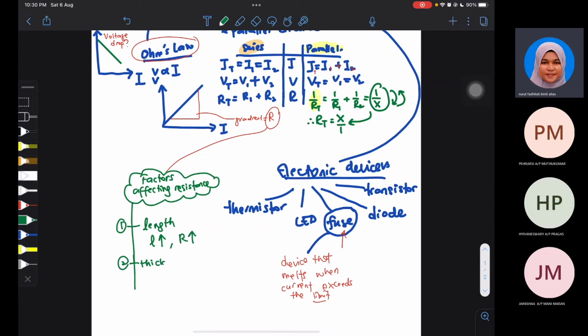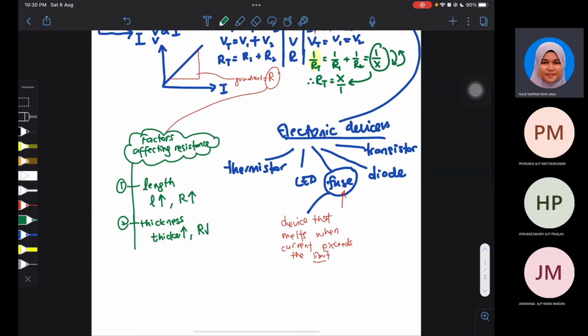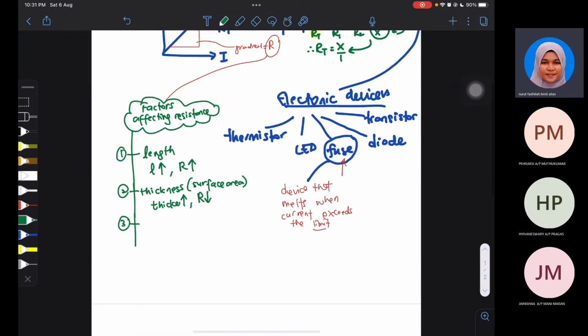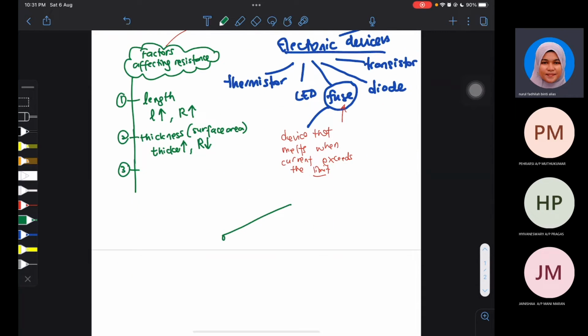Thickness of wire. The thicker the wire, resistance decreases. If this is the wire, this one is thin, then lagi thick. Jadi yang thick ni resistance dia low. Yang thin resistance high. Length dia kept constant.